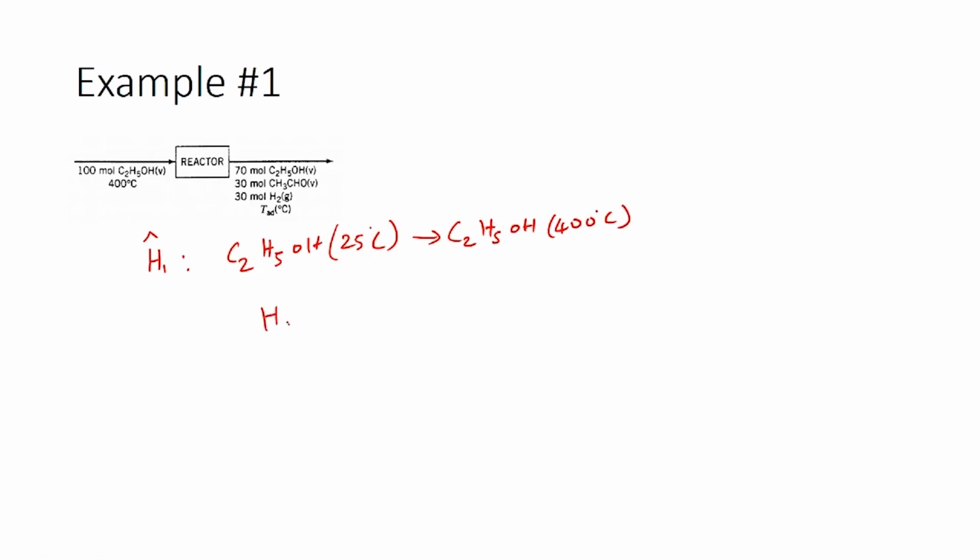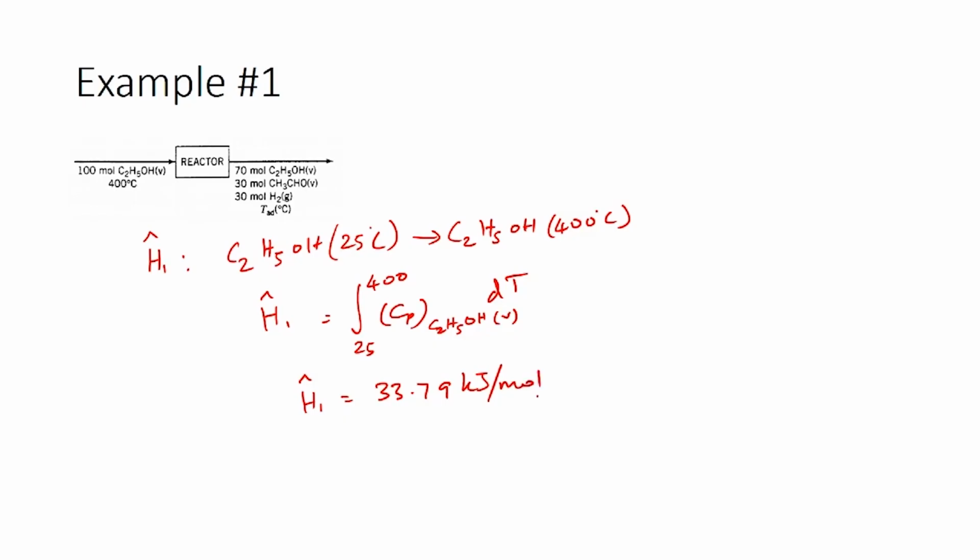So, your H1 cap would be equal to integral 25 to 400 Cp of ethanol vapor, C2H5OH vapor, dT. So, we need to get the Cp for ethanol, and we will be able to perform this calculation, and this would give us a value H1 cap of 33.79 kilojoules per mole. You can get the Cp value from your textbooks or other reference books.